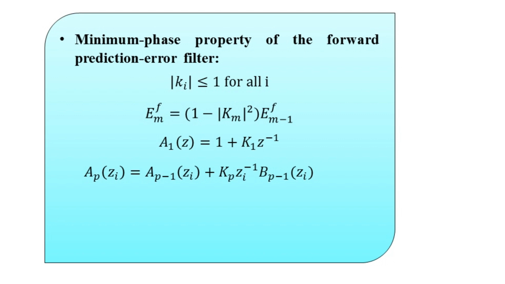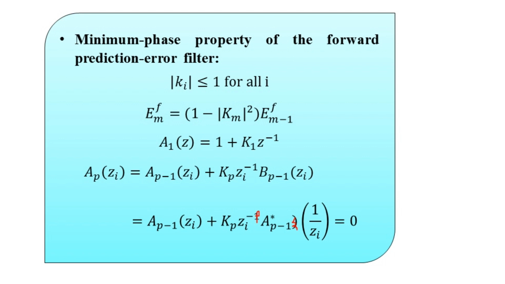We can express the right-hand side as A suffix p minus 1 of z suffix i, the first term as it is. The second term is the reflection coefficient K suffix p into z to the power minus p, multiplied by the conjugate of A suffix p minus 1, this should be p, multiplied by 1 upon z suffix i. So this is equal to 0.